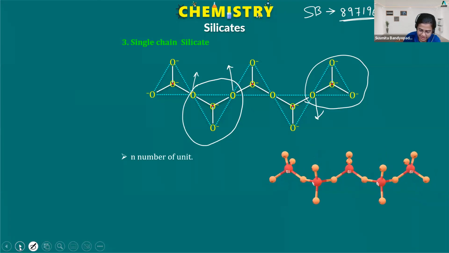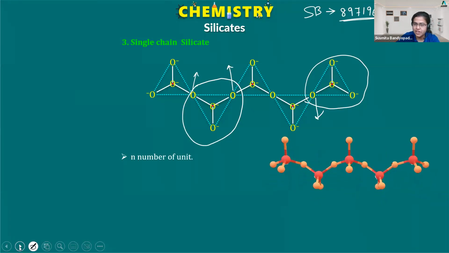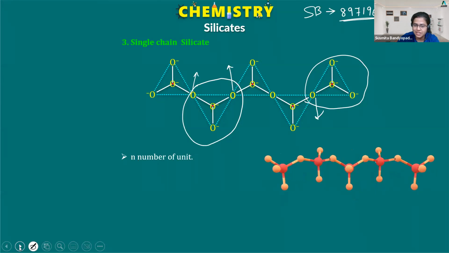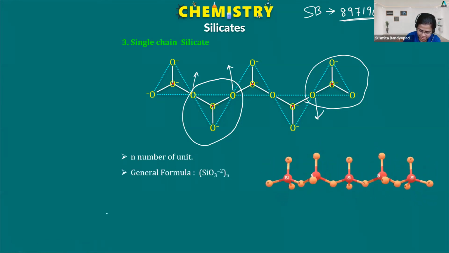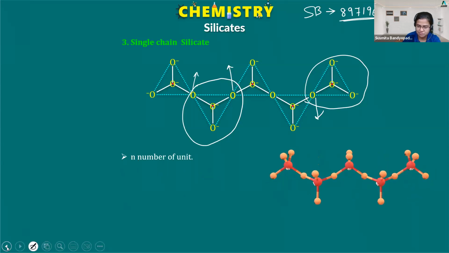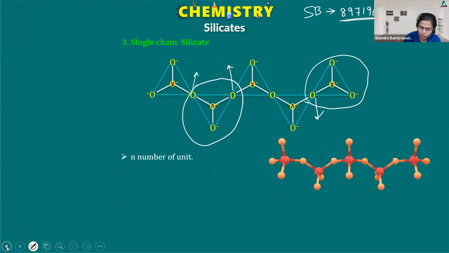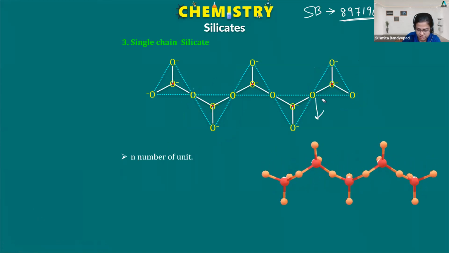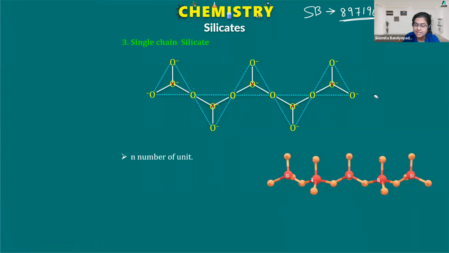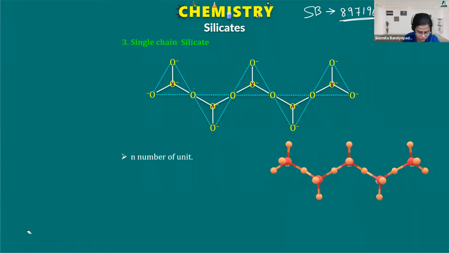So it is a chain of 20, 30, 40, 50, 5,000, 6,000, 7,000. Let it continue, so n number of units are there. Two oxygens are shared in all the cases except the corner atoms, which share only one oxygen atom.